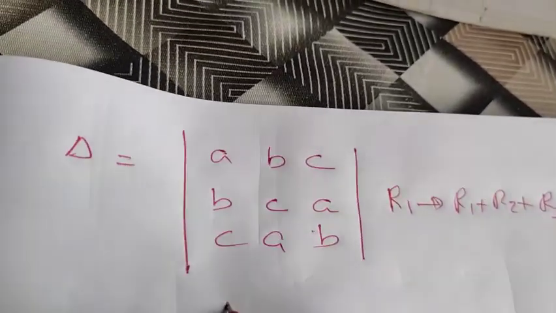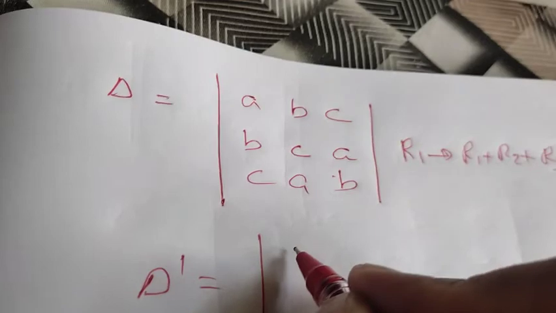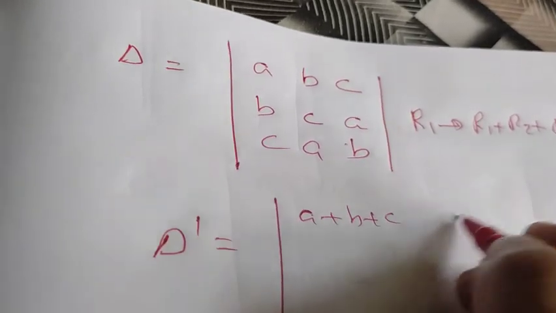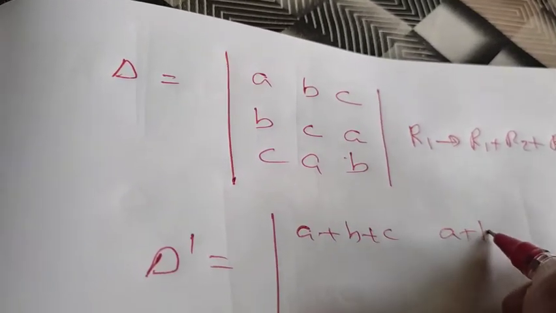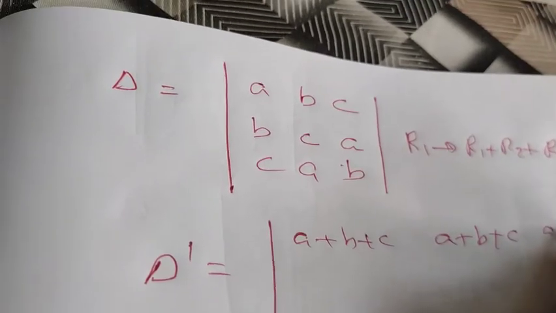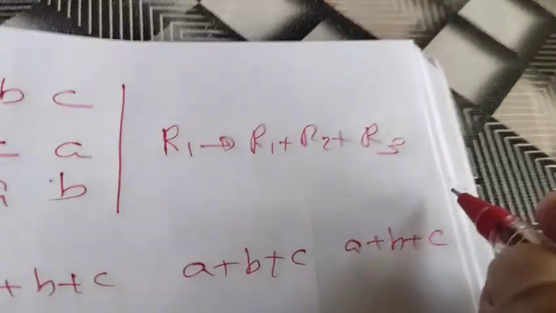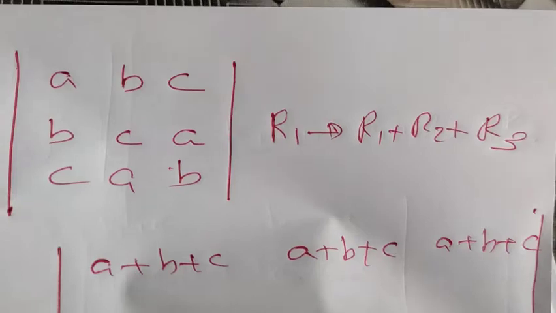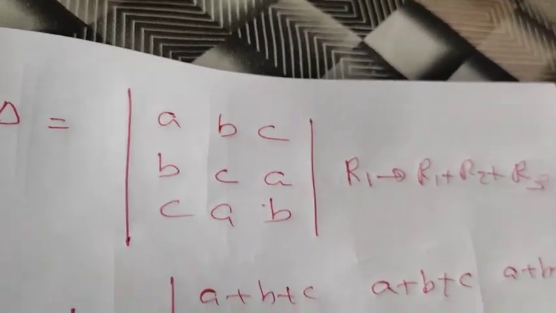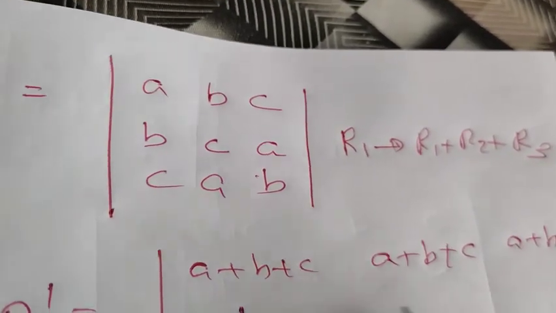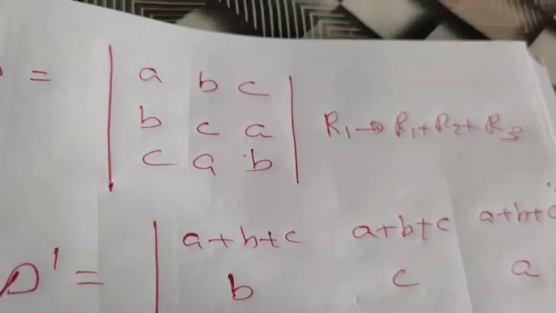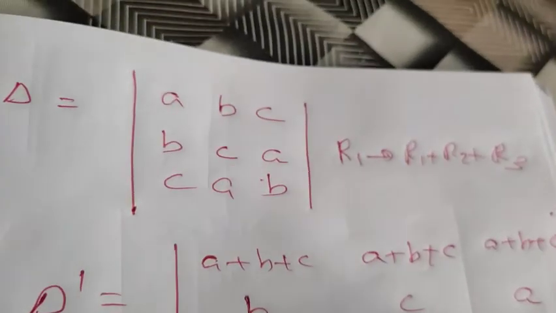Now what we get here is A plus B plus C, A plus B plus C, A plus B plus C. The other rows will remain the same, B, C, A, C, A, B.